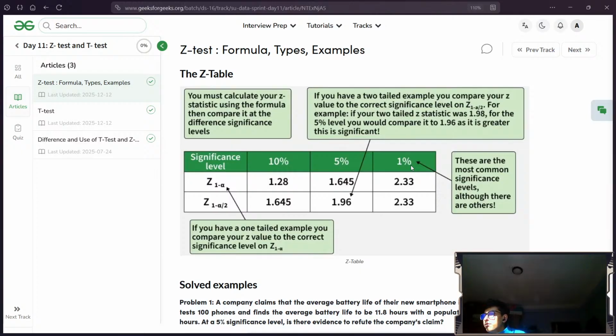For example, if your two-tailed Z statistic was 1.98 for the 5% level, you would compare it to 1.96, and as it is greater, this is significant.